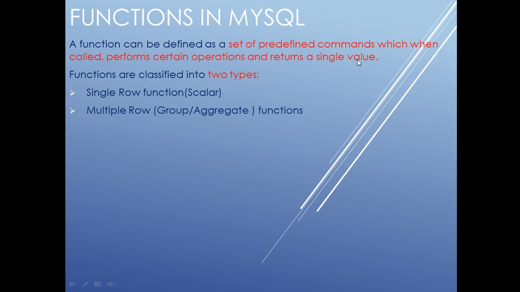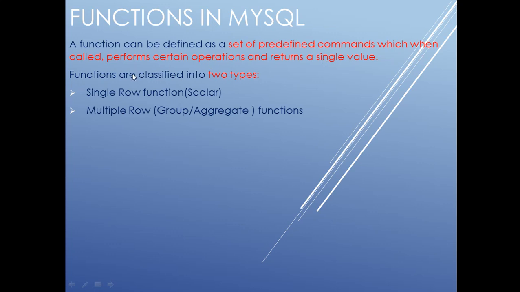It returns a single value means whenever you call the function, it will return one value. This is not specifically the definition of a MySQL function, but that definition can go for Python functions too. So a function is a predefined command set which performs certain operations and returns a single value.